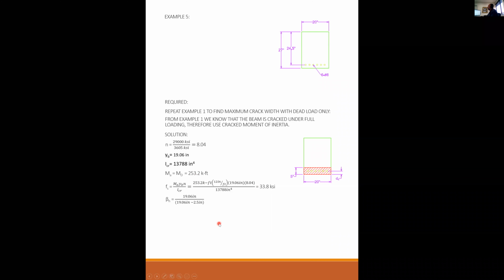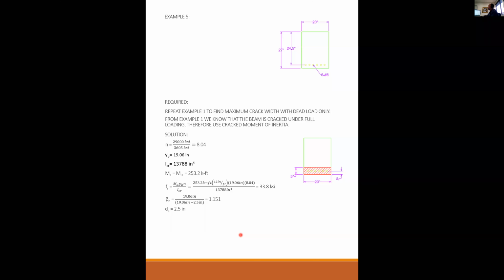Beta H is the ratio of the distance from the bottom to the neutral axis divided by the distance from the centroid of the steel to the neutral axis. So that's 19.06 over 19.06 minus 2.5, because the steel is 2.5 inches up from the bottom. And that gives you 1.151.